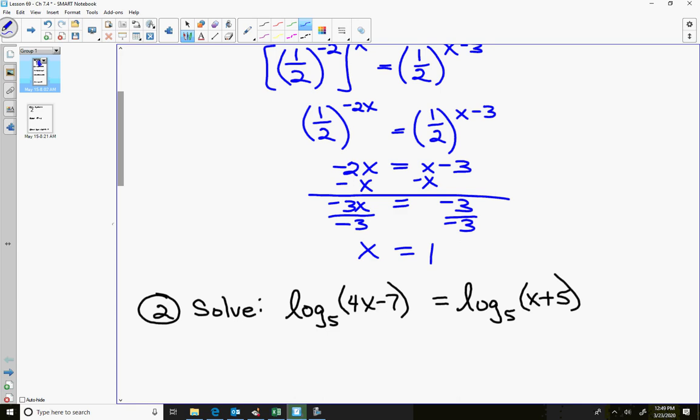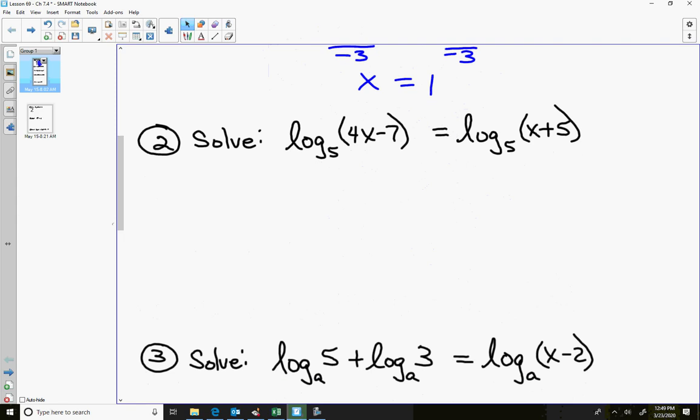We are solving logarithmic equations. Same general idea applies. In this case, I've got one logarithm on the left, I've got one logarithm on the right, one thing on the left, one thing on the right. They are both log base 5s. So therefore, the first one's argument must equal the second one's argument.